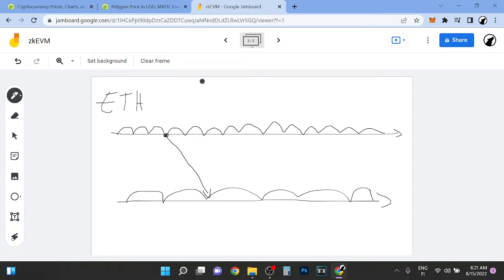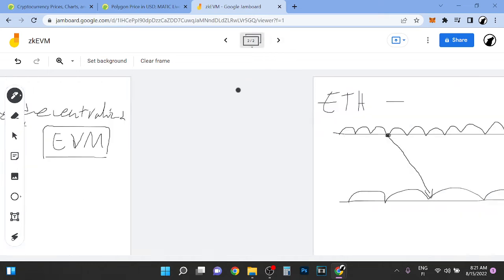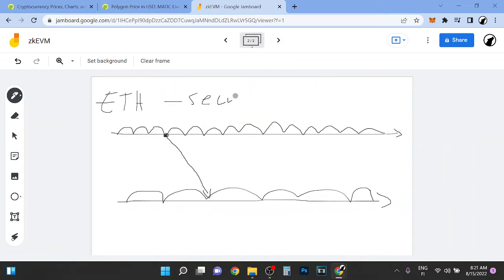However, like I talked about with the layer one, the Ethereum mainnet layer one is secure and decentralized. And the new Polygon is not so secure and not so decentralized. So when people bridge their assets from Ethereum to Polygon, the funds are not as safe as on Ethereum.